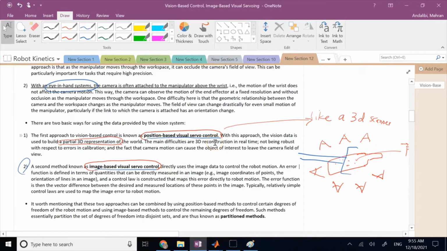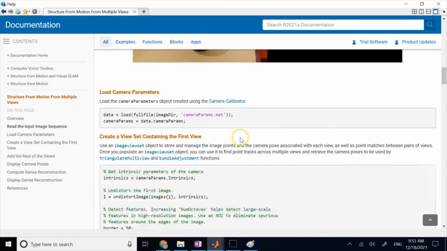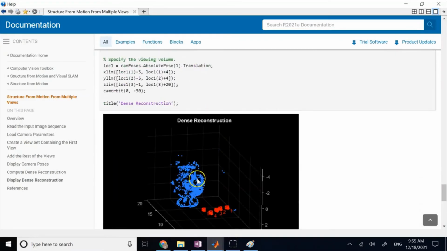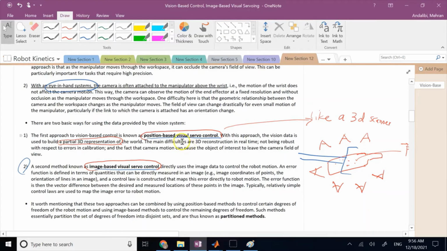What's the problem here? The problem is estimating this position, orientation, and finding this 3D structure of those points from all of these images is a time-consuming, computationally demanding operation. And when that's the case, performing it in real time for a robot is not going to be an easy job.